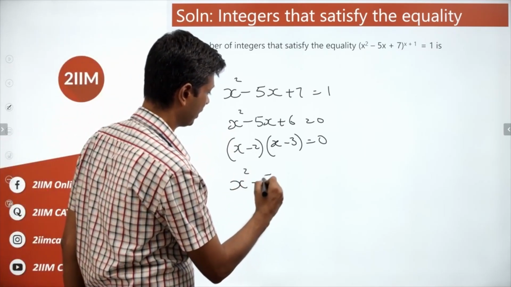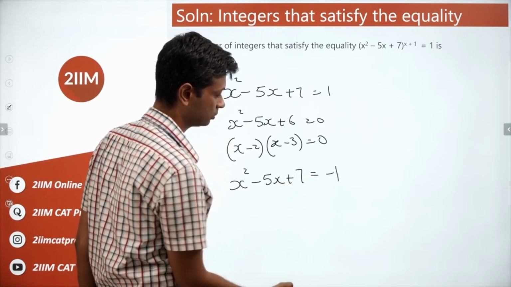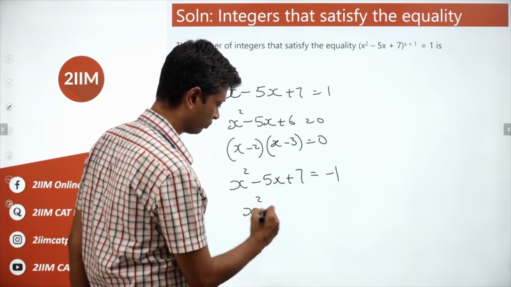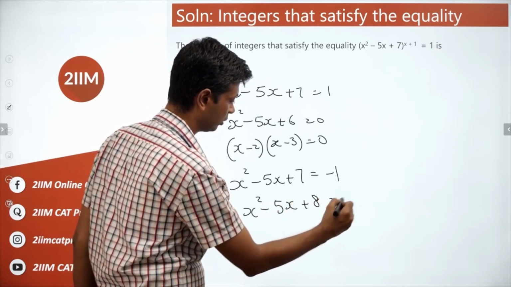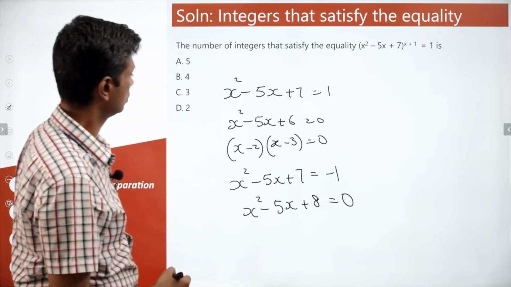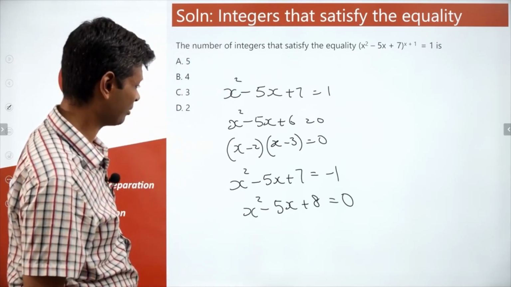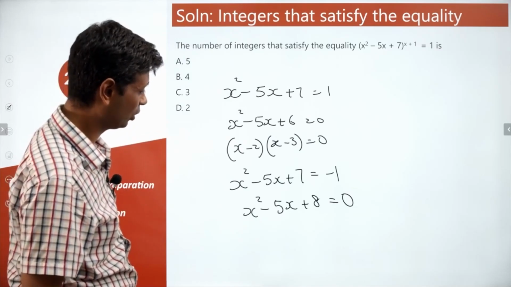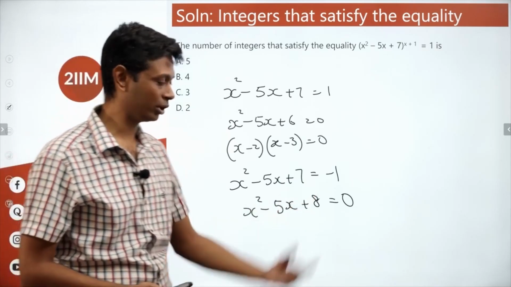x square minus 5x plus 7 is equal to minus 1, or x square minus 5x plus 8 is equal to 0. So we need the number of integers that satisfy x square minus 5x plus 8 equal to 0. You have to split minus 5 in order to get a product of 8.